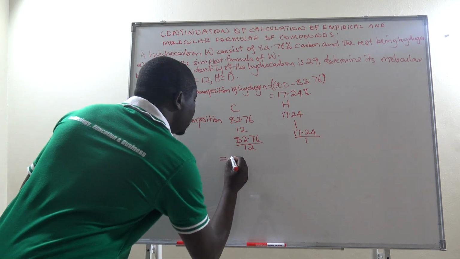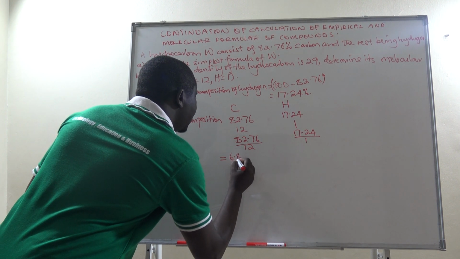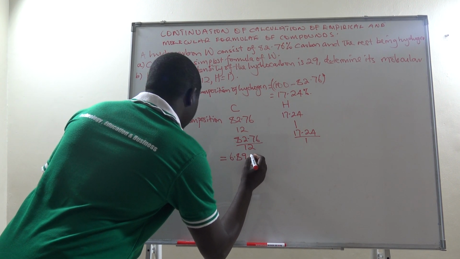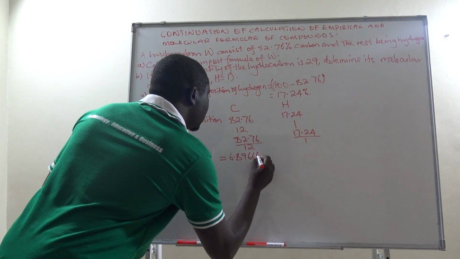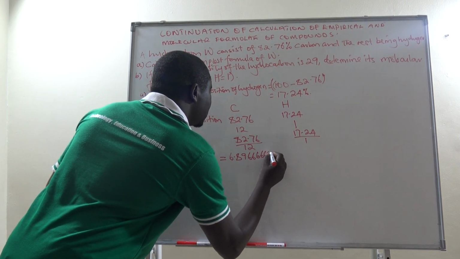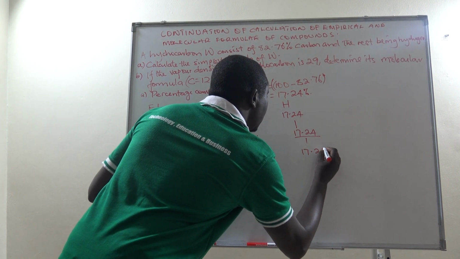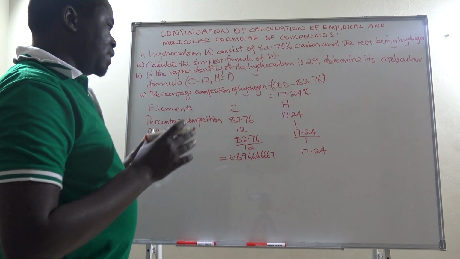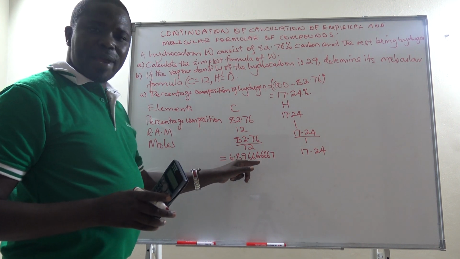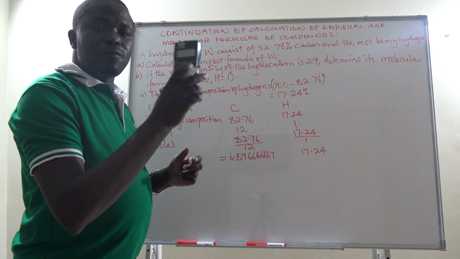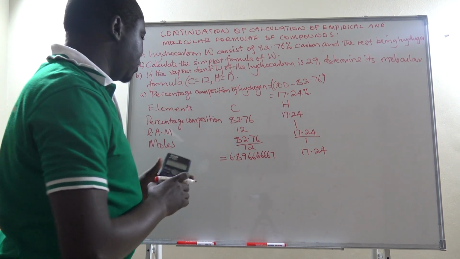Oh, it has given us 6.8966666667, and this one gives us 17.24. Please, I say that we need not in any way round off. Leave the values as you have seen from the monitor or from the screen of your calculator.